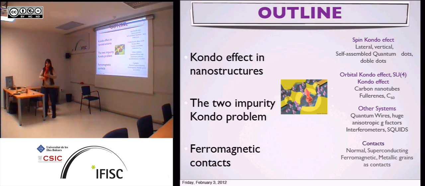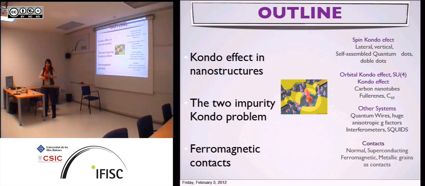Okay, so now I have just explained the origin of the Kondo effect, and we want to see this type of effect in quantum dots. Why quantum dots? Because you can imagine your localized spin as an electron in a quantum dot. A quantum dot is a kind of quantum well, but the electrons are confined in the three spatial directions. So it's like an atom.